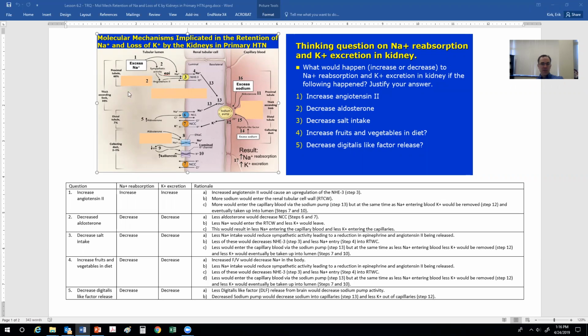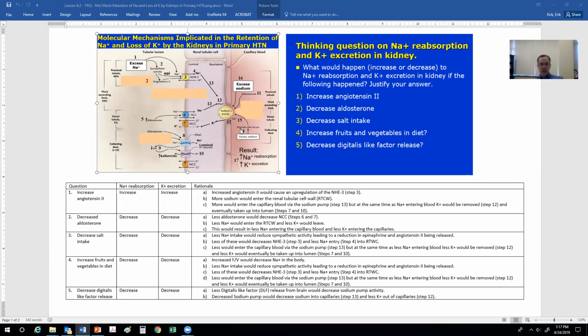What about a decrease in salt intake? Well, a decrease in salt intake would reduce the sympathetic activity and the angiotensin II, and this is going to then decrease the sodium hydrogen exchanger 3. And so steps 3 and 4 would be reduced, and less sodium would be taken up into the renal tubular cell. Also, with the reduction in sodium, it would reduce the amount of the sodium pump that would be activated.